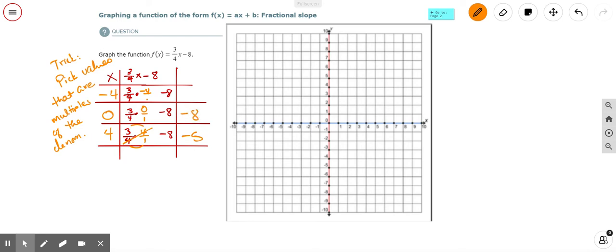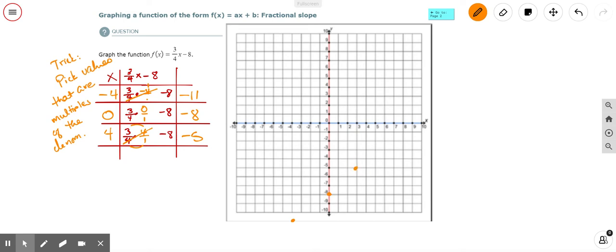And 3/4 times -4 is going to be -3. Minus 8 is -11. So we get -4, -11, which is down here, 0, -8, right here, and 4, -5, right here.